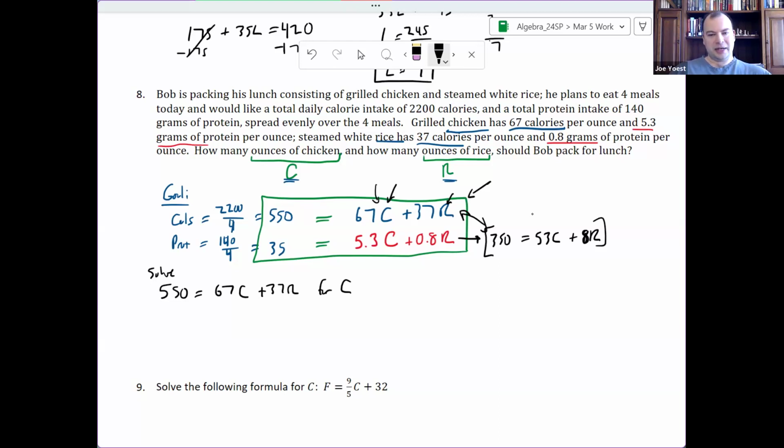To do that, I subtract 37R, isolating my variable term, and then I isolate my variable by dividing by 67.